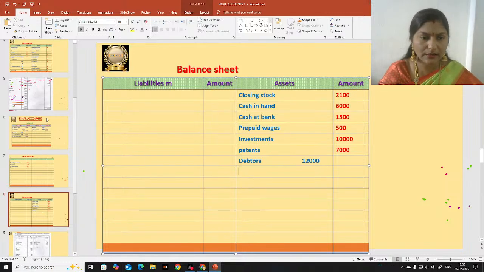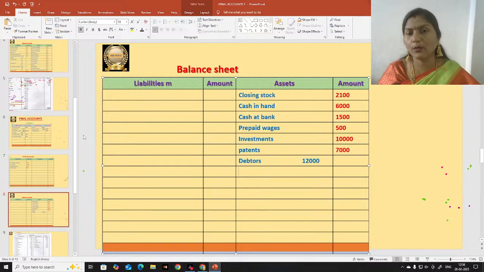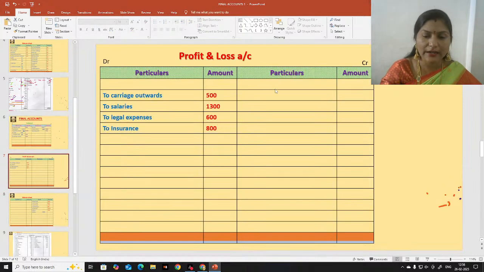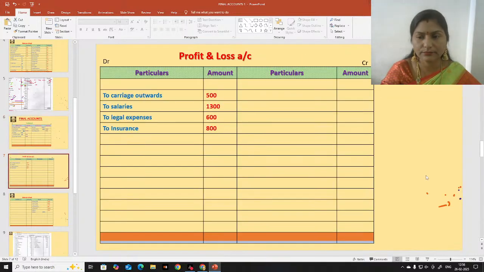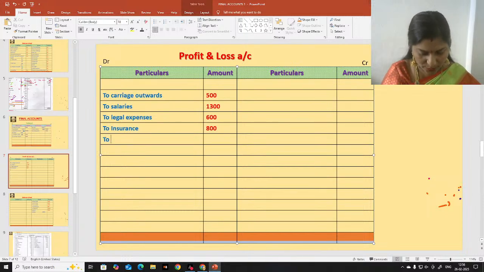Next, under that adjustment should be recorded. What is adjustment? Bad debts. Bad debts 500 rupees. Okay, so bad debts 500 rupees is there, but bad debts we are going to record first in the profit and loss account debit side. Let us record in profit and loss account debit side that bad debts, to bad debts, amount is 500.